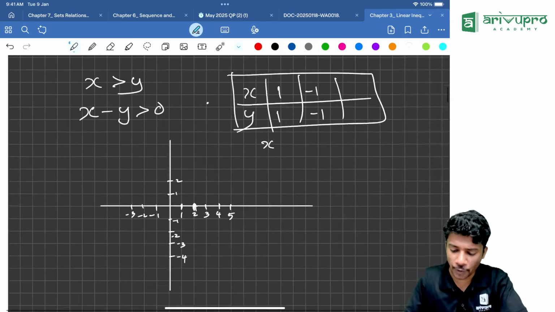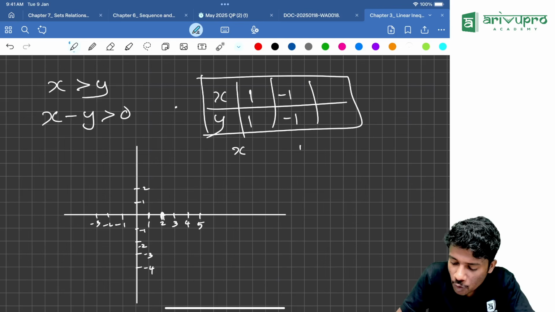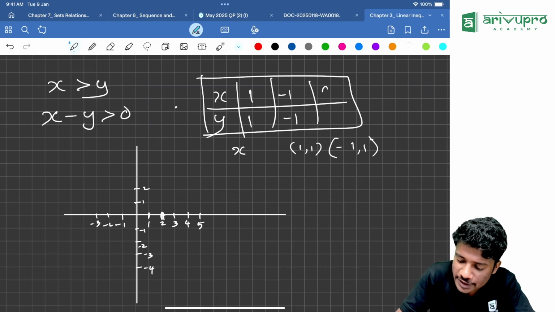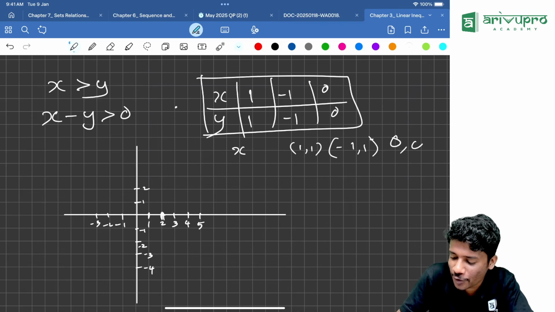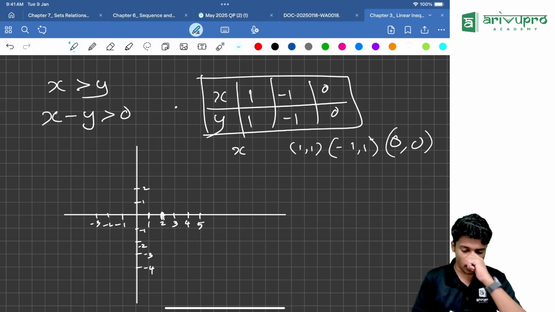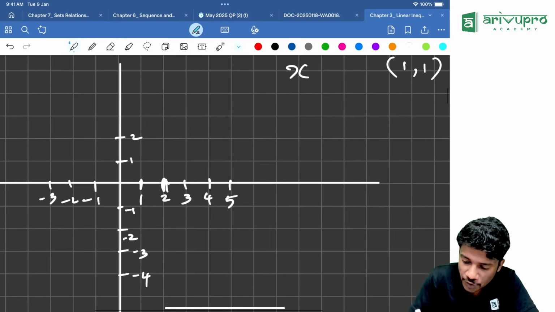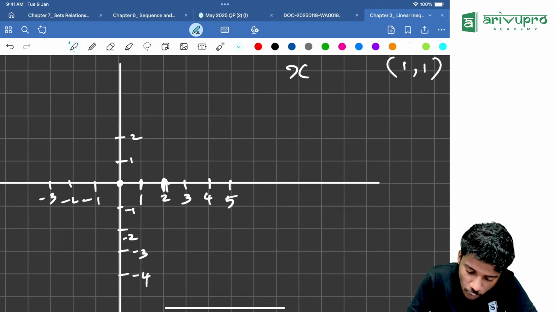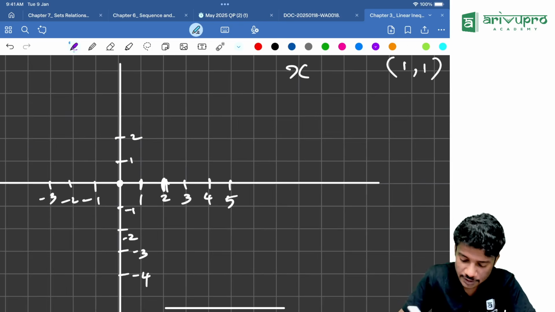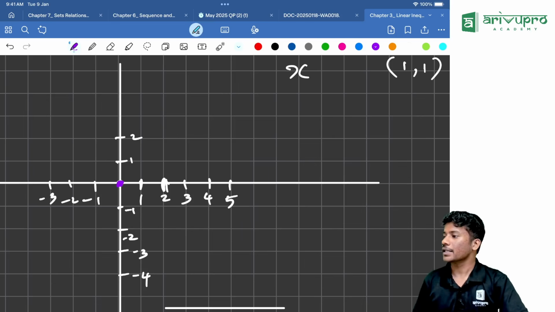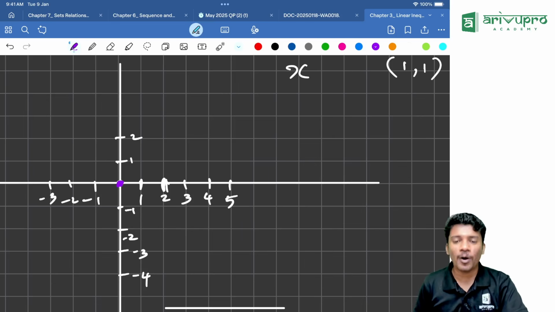Now, which are the points? The points are 1, 1, then minus 1, minus 1. If you want to take 0, 0, that is also fine. Not at all a problem. 0, 0 means the origin. Everyone can see the point. Now, 1, 1, which point?